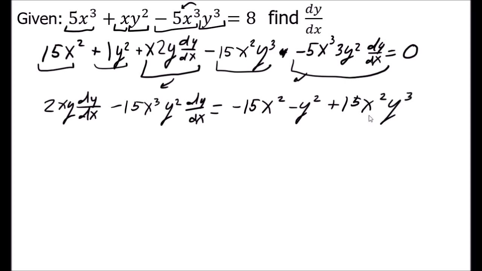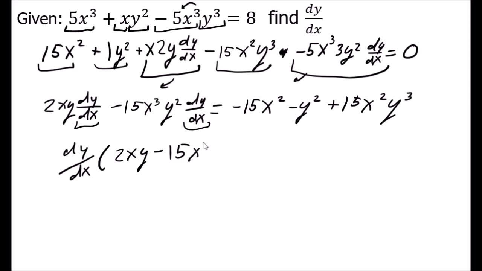A lot of terms here. All right, almost done though. I'm just going to factor out my dy/dx. So dy/dx, and got a little excited there. I'm drawing wild, crazy lines there. So now I have 2xy minus 15x cubed y squared equals all of this business.